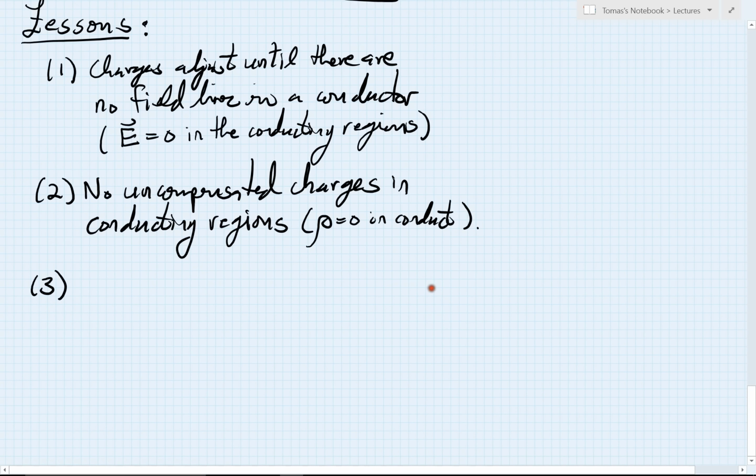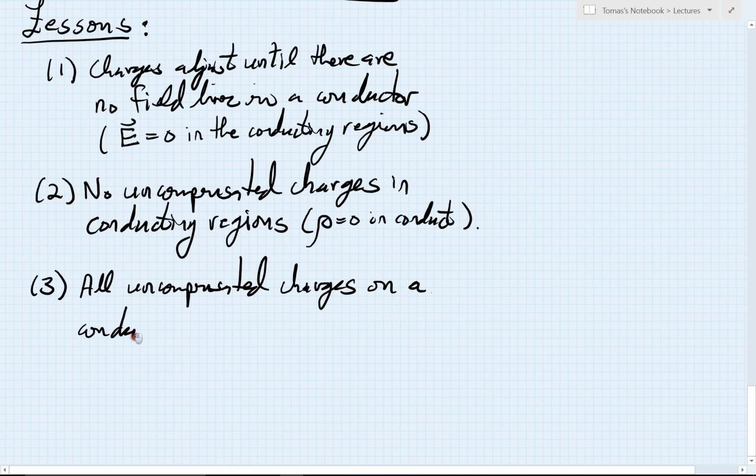So lesson number 3 is that all uncompensated charges on a conductor must be on the surfaces.